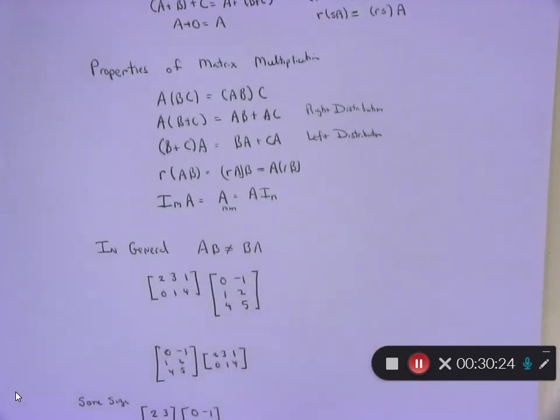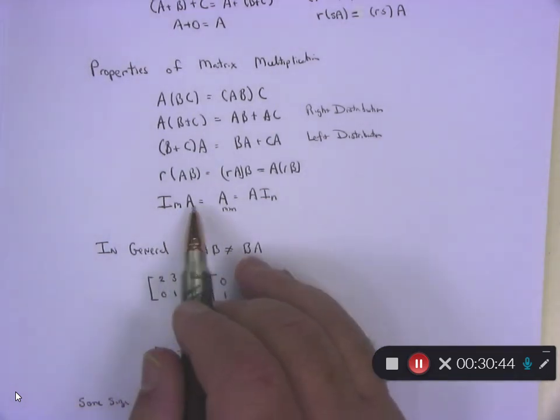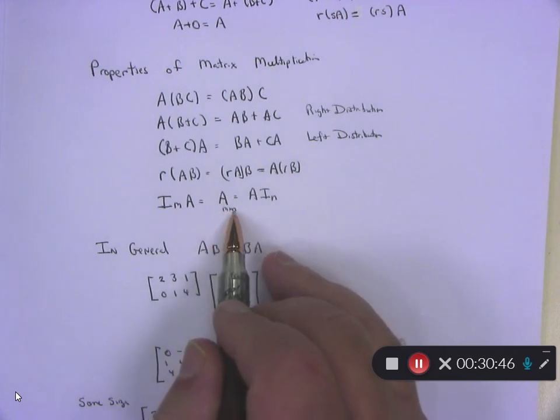Now, we also talked before about this idea of an identity. Identity means this is a matrix that you multiply by another matrix, and you get the other matrix right back again. This is going to have a real special look. The identity matrix is going to be a square matrix, so it has the same number of rows as columns. And so here we put the little subscript. A is m by n.